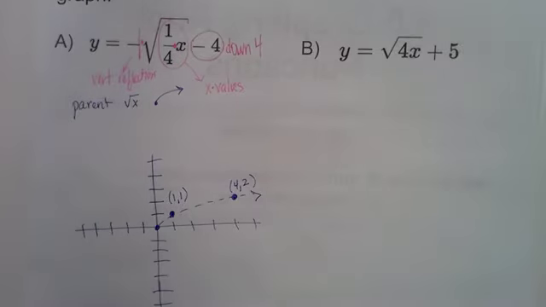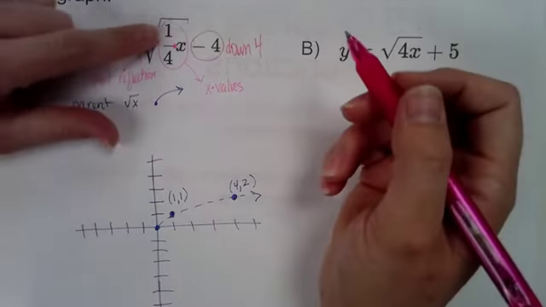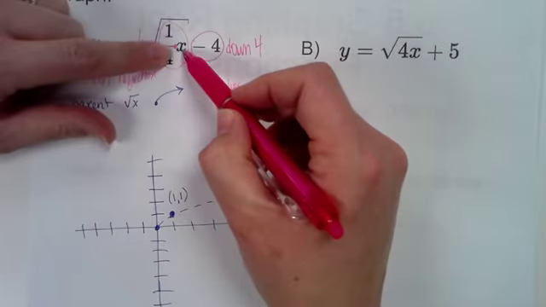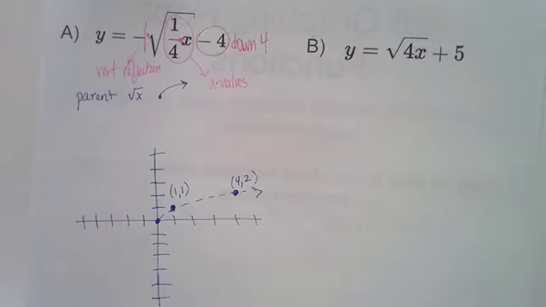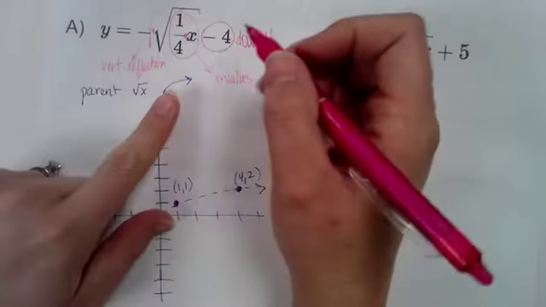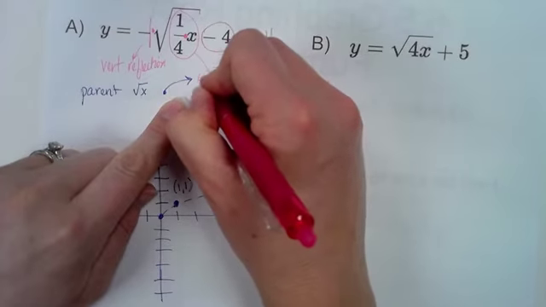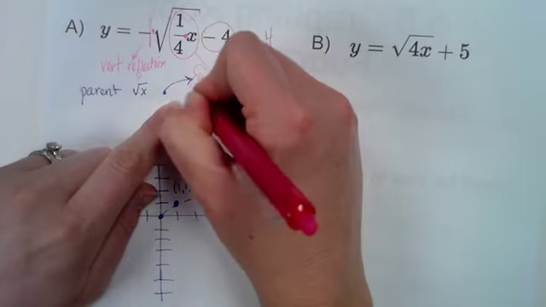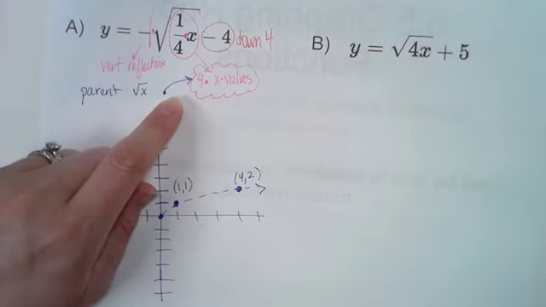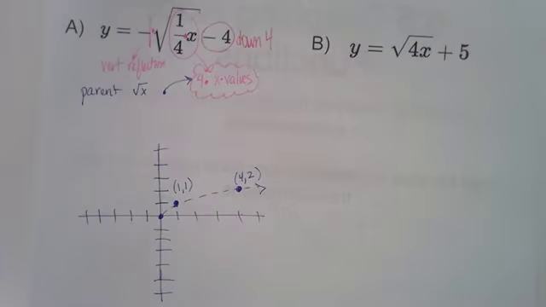Everything with x is always inverted. So when we say 1/4 times the x's, we have to invert that, we have to flip that. Instead of 1/4, we're going to do 4 times the x values. That is really important. It is 4 times the x value, or 4 times the x coordinate.